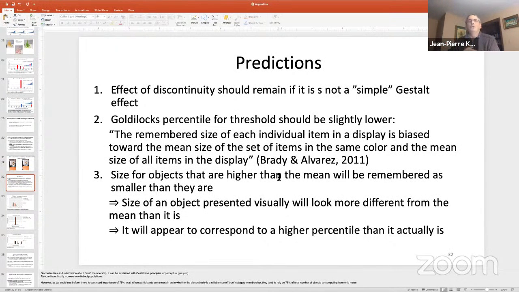That's the basic conclusion, which is that the size of an object that is then presented visually and that people have to make a decision as to whether it's tall or not will look more different from the mean than it is, and therefore higher than the mean than it is, which is it will correspond to a higher percentile than it actually was in the original array, which should shift the threshold slightly lower. Okay, so that's a second prediction.